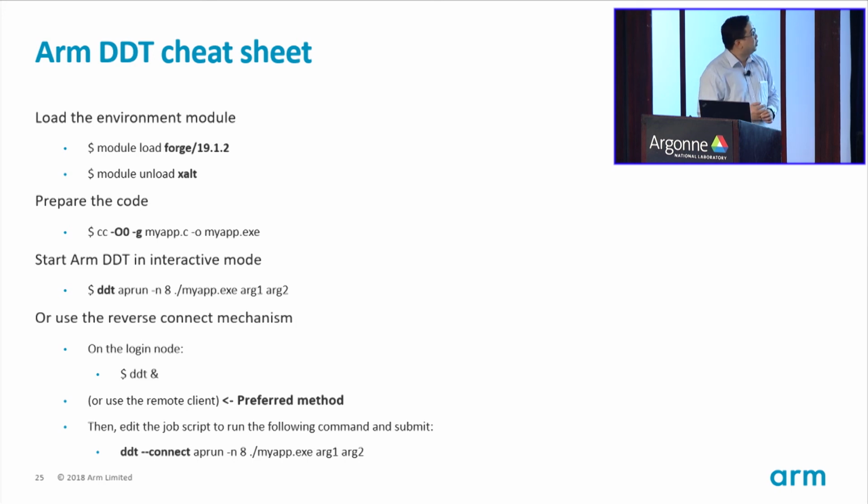If you just say module load Forge, you're going to get an older version, I think version 6 or something like that. I also recommend that you unload the xalt module. If you don't unload that module, you'll see some kind of error message about qstat permission denied. It won't harm your code. You don't have to do it, but it's just in case you're wondering why you see that type of error on Theta.